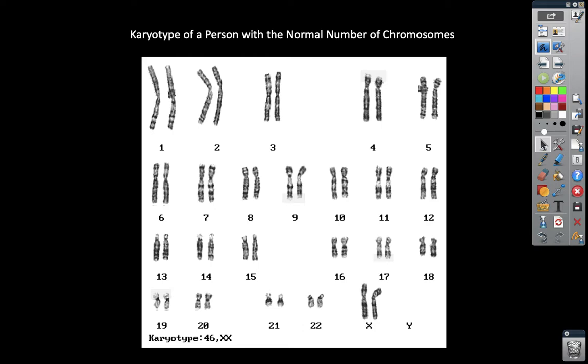And then you would look at the last pair of chromosomes, and you would want to make sure that the person either has 2 X's, indicating that this person is a female, or they have an X and a Y, indicating that the person is a male. So if you added it all up, a normal person would have a total of 46 chromosomes. So if a person has a chromosome number disorder, they're going to have a number more than 46 or less than 46 when you look at their karyotype.